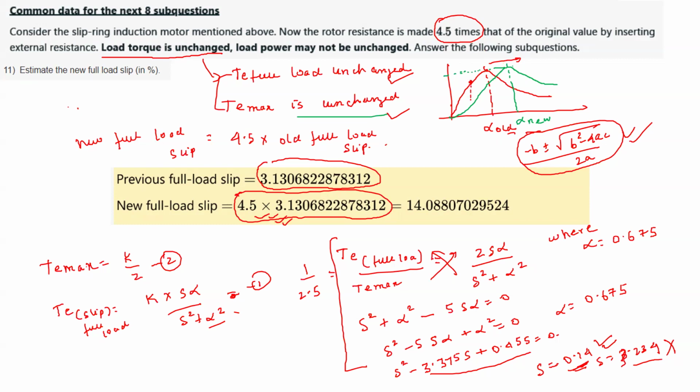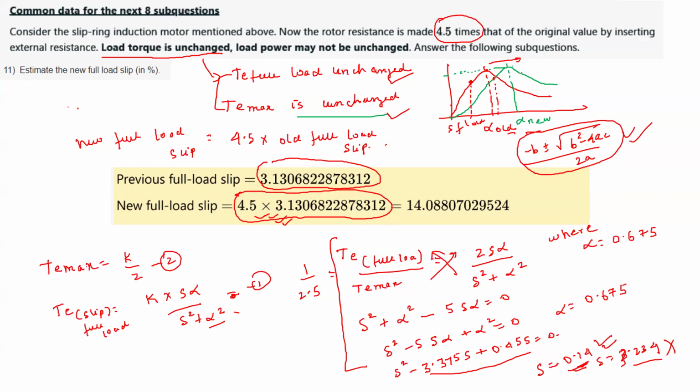Similarly, let us say this full load slip is SFL old. SFL new you will see will be some value such that SFL new is 4.5 times SFL old, because the shift on the x-axis will be observed in the same way in which it was observed for maximum torque.